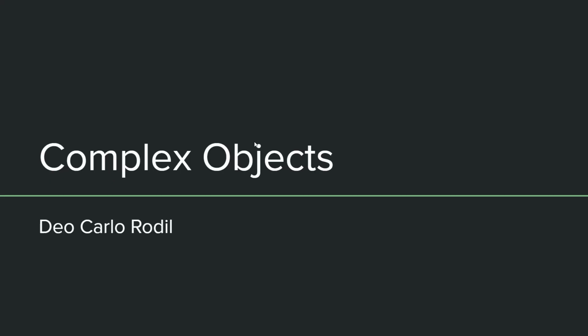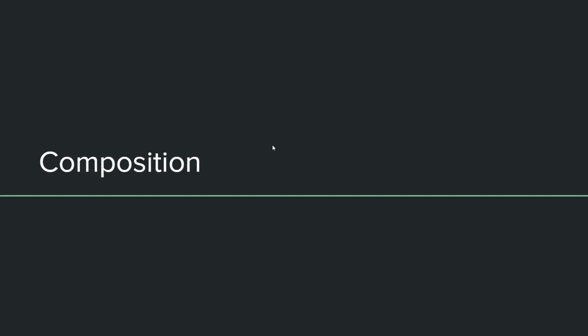But anyway, complex objects. So in order to create complex objects, you need to compose things. Hence composition. With composition, it's like combining multiple complex things together, and you get a complex object.